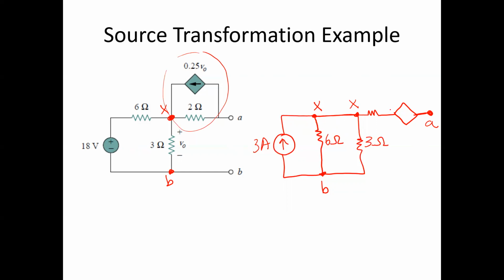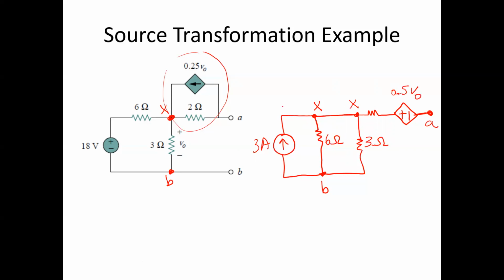What's the direction of the voltage source? The positive sign is going to be aligned with the direction that the arrow is pointing. Therefore, the plus minus need to be aligned, as I've indicated here on the slide. And I'll find what that value is by taking 2 ohms and multiplying it with 0.25 V out, which gives us 0.5 V out.